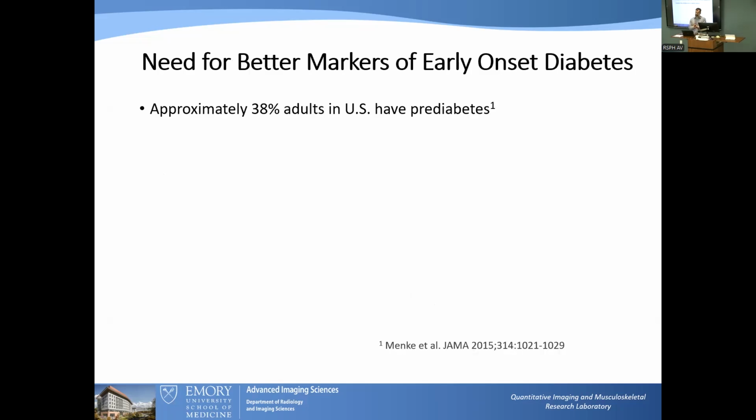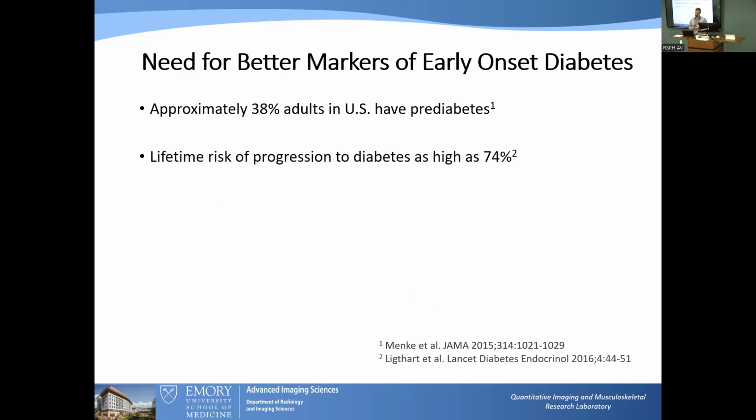Furthermore, the need for better markers of early onset is critical as well, because, as we know clinically, there's a high proportion of adults in the U.S. that have prediabetes, and the risk of progression to diabetes is extremely high for those that already have prediabetes.